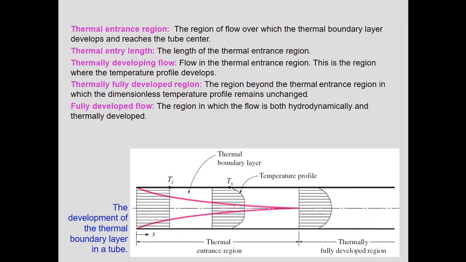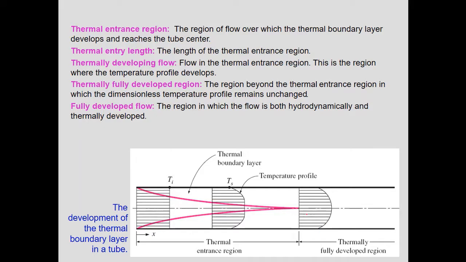Because it has heat transfer with the pipe wall. So due to the heat transfer between the fluid and the pipe wall, its temperature profile will be constantly changing to finally reach something like this, where its temperature profile is fully developed.